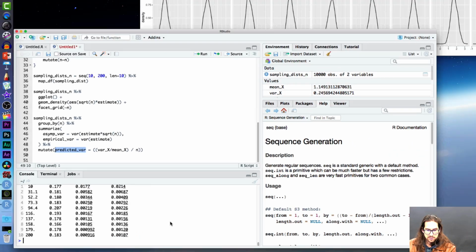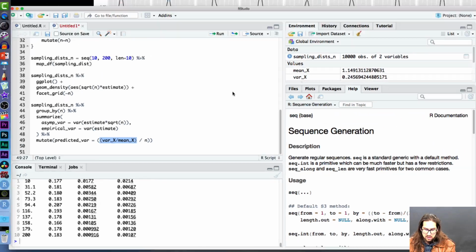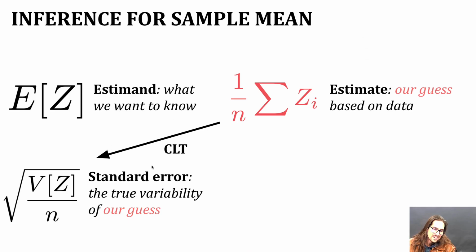So what we've come up with is a formula: just take the variance of x divided by the mean of x. We don't know what those are, but in theory, if we know the data generating process, this is what they are. So we've come up with a formula that relates the data generating process to the standard error, which is the true variability of our guess. We know what algorithm we're using to guess: a sample mean.